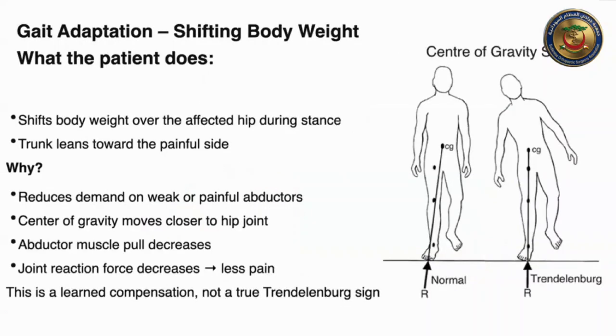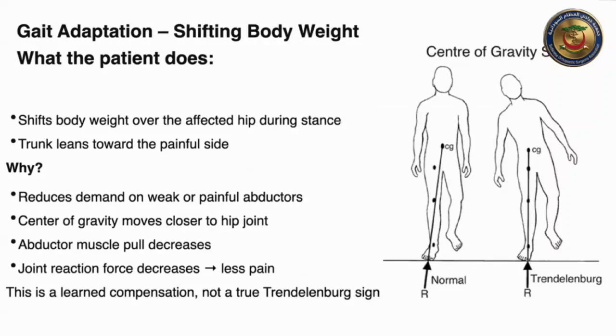So how does the body adapt to decrease the joint reaction force when we have a problem in the hip? It shifts the body weight over the affected hip during stance, so the trunk leans toward the affected hip to bring the center of weight nearer to the center of rotation.